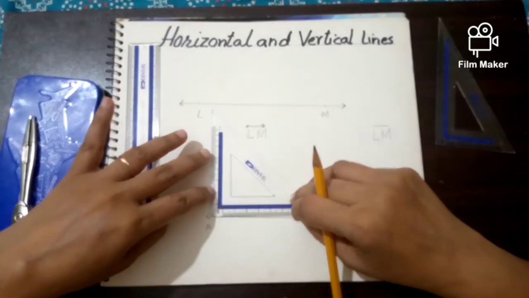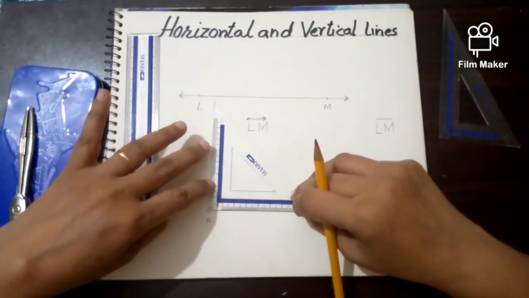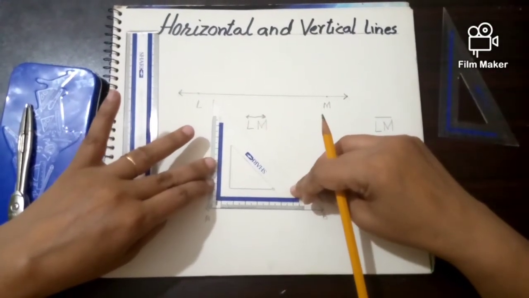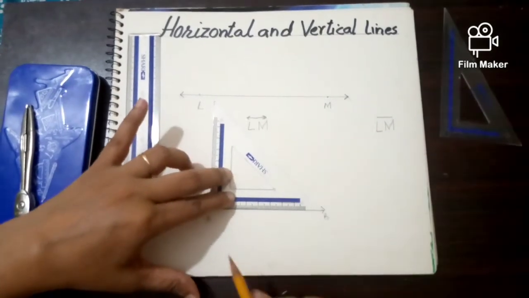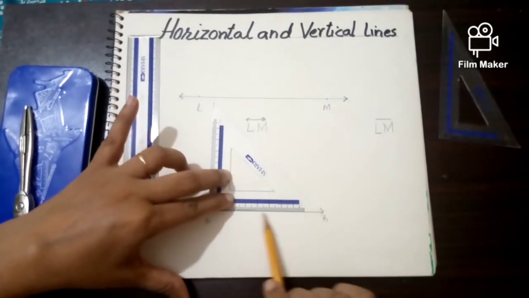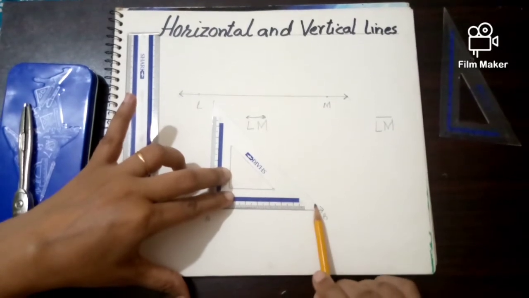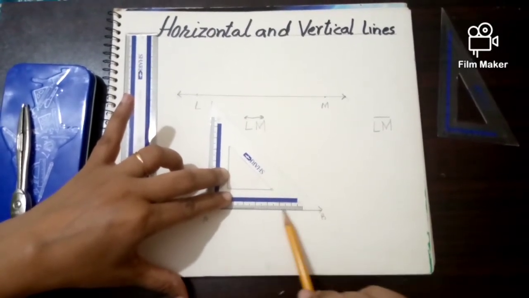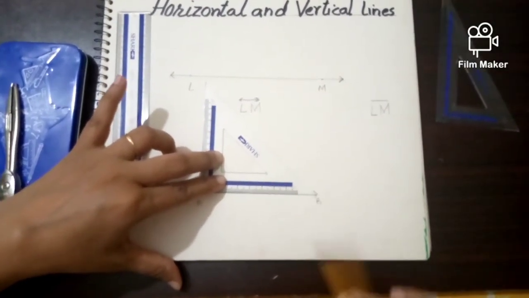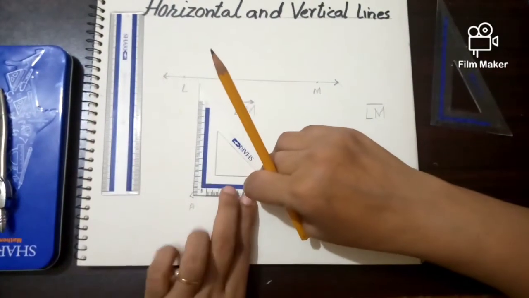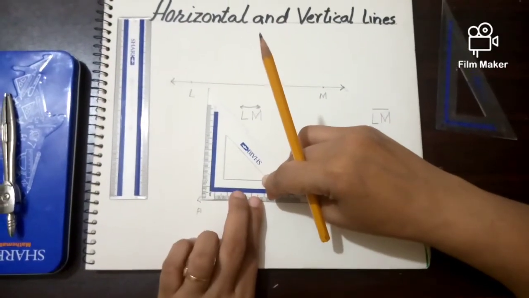Then we will take this set square and place this set square on line AB, and the edge of the set square coincides with the line AB.